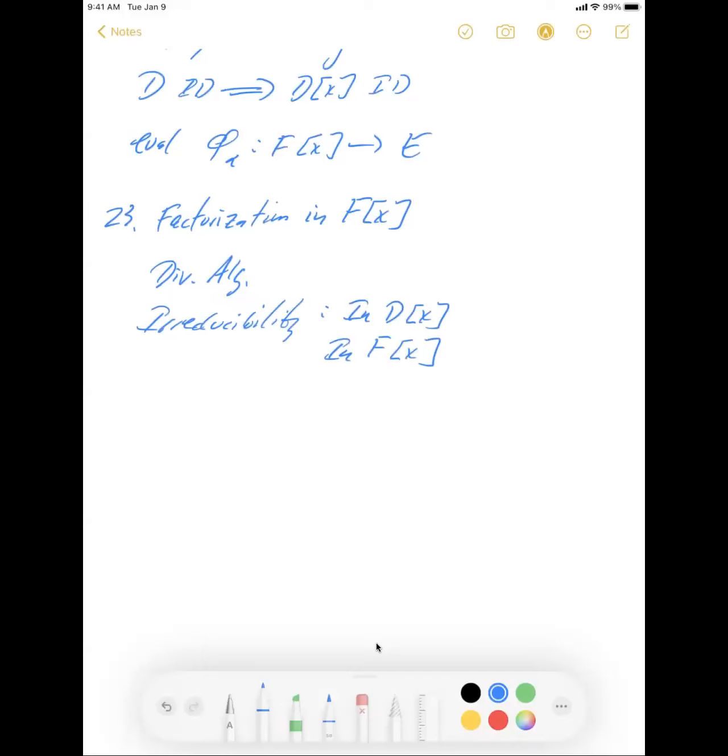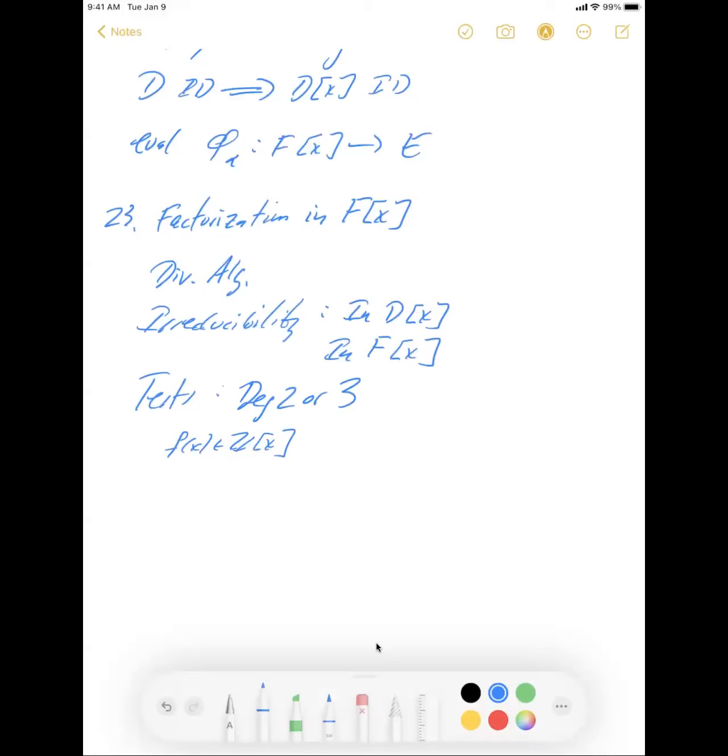Then there's the tests. The main ones that you want to, I'll write them down here. Of course, there's the degree 2 or 3 test. What else? I'll say it like this.